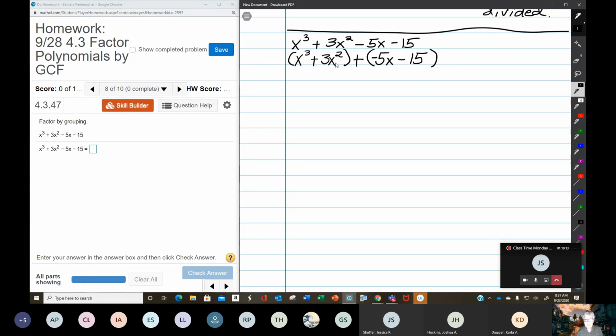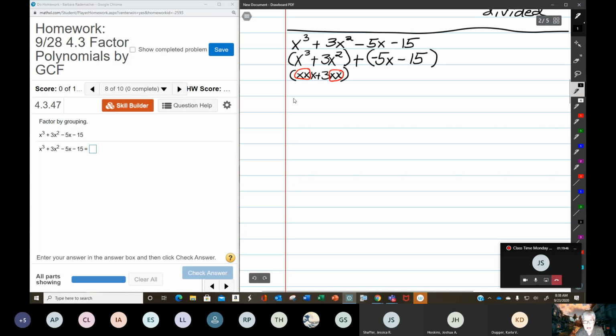The first term is pretty straightforward. This is x times x times x plus 3 times x times x. And I can see right away that each term contains an x squared, an x times x. So I'll circle x times x, and I will circle x times x.